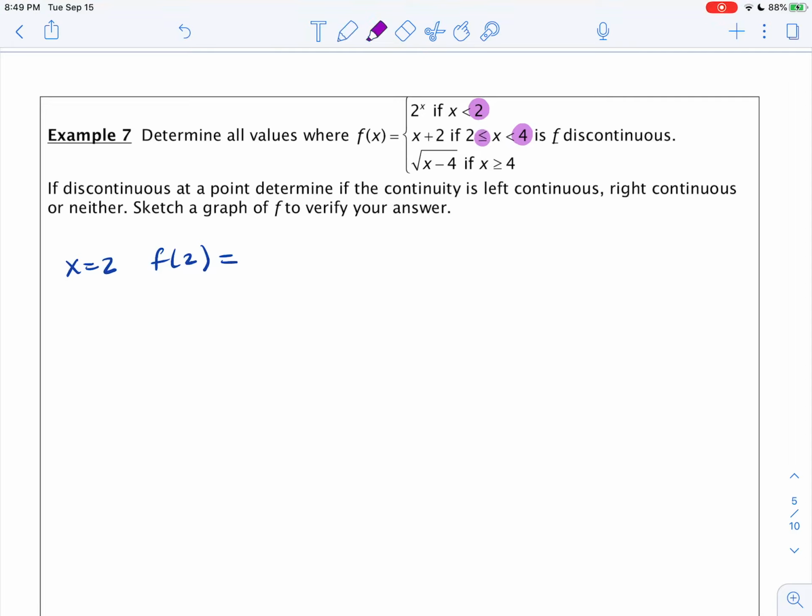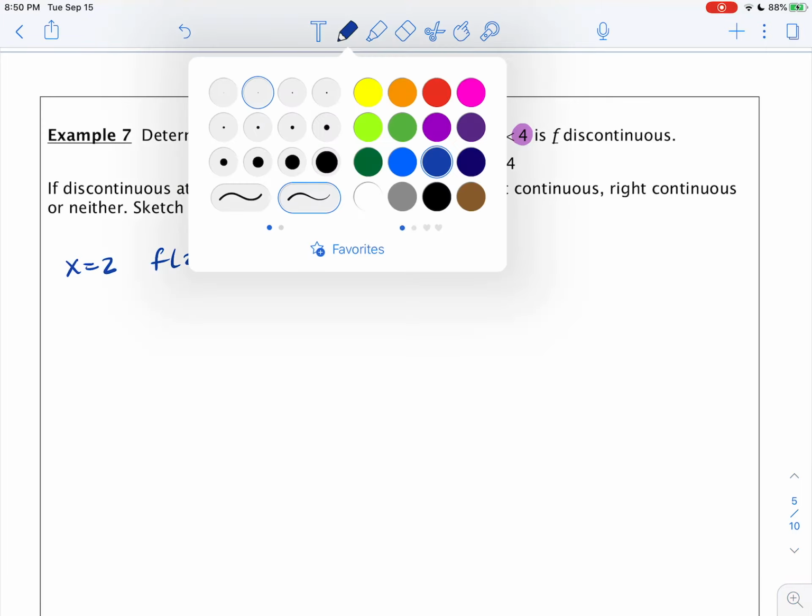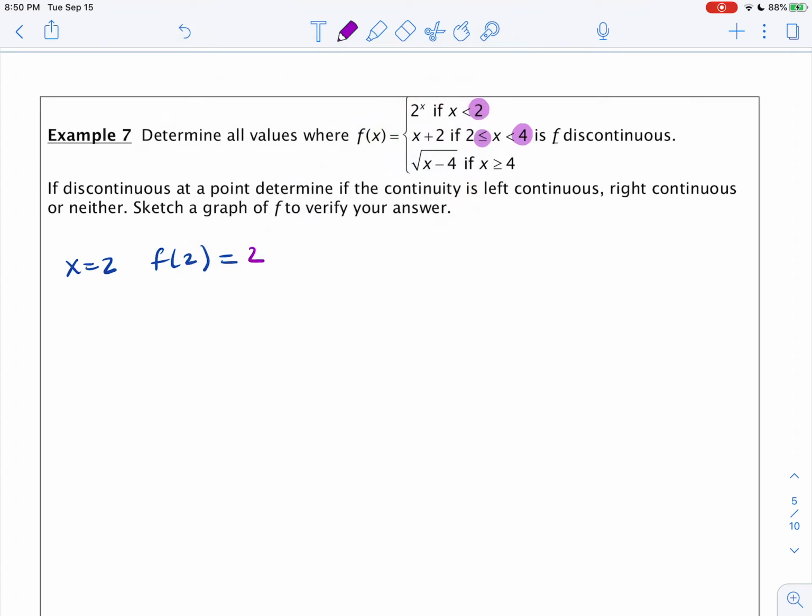And f of 2, we see that it's x bigger than or equal to 2. This is going to be 2 plus 2, which is equal to 4, right? Because we have that f of x is equal to x plus 2 when x is equal to 2. Good. Now we want to evaluate the right-hand limit and the left-hand limit.